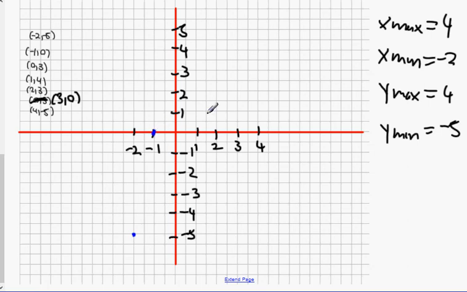The one after that? 0, 3. The one after that? 1, 4. The one after that? 2, 3. The one after that? 3, 0. The one after that? 4, -5.